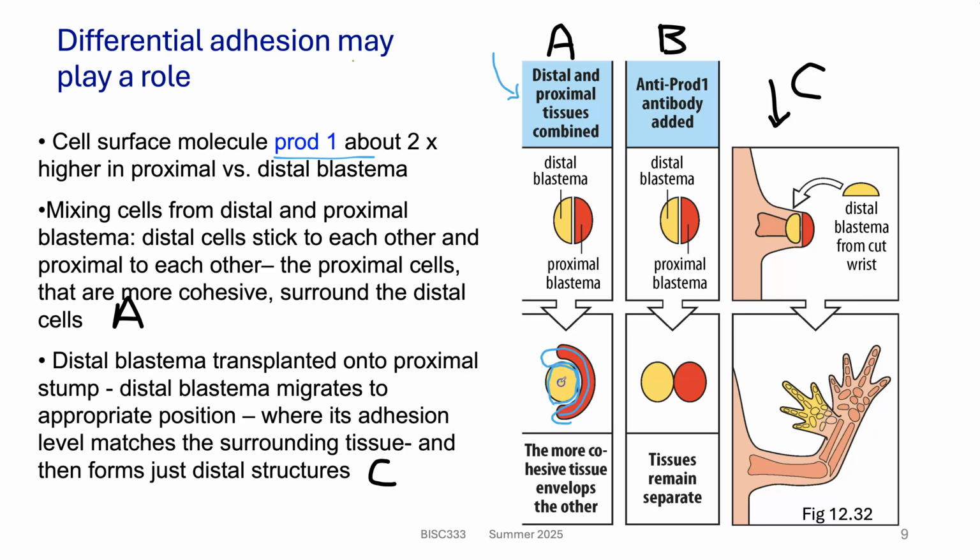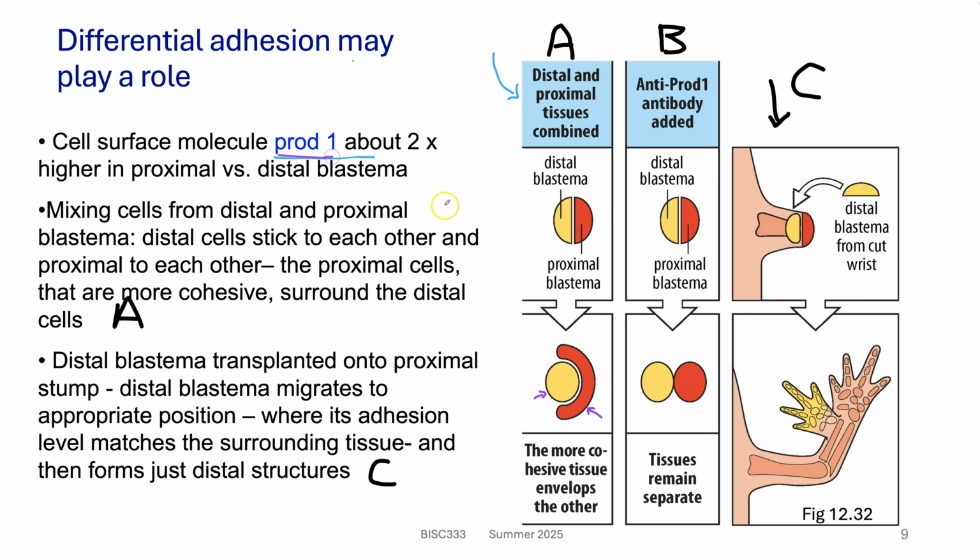So the distal winds up more on the inside, and this ends up more on the outside. Okay, so the behavior of the cells is that they congregate together, the same cell type with the same, and they connect in such a way that seems to indicate that the adhesion of one cell type differs from the adhesion of the other.